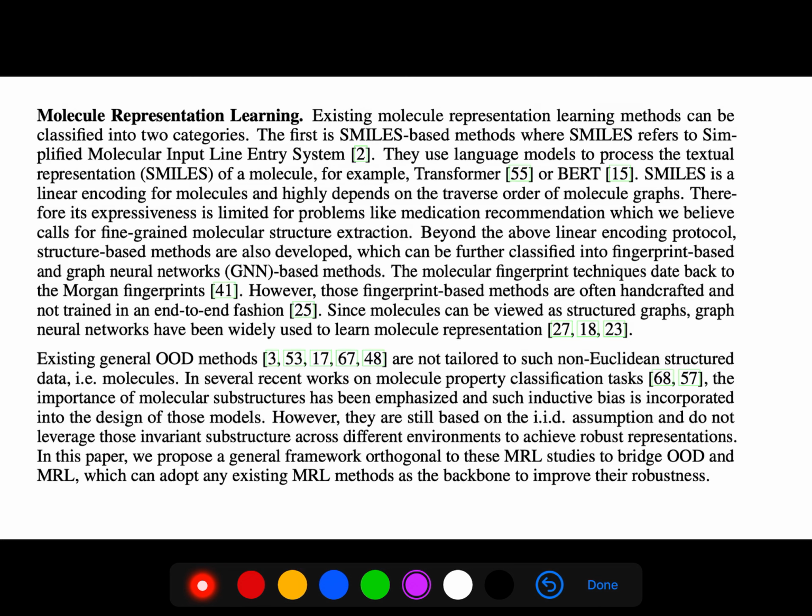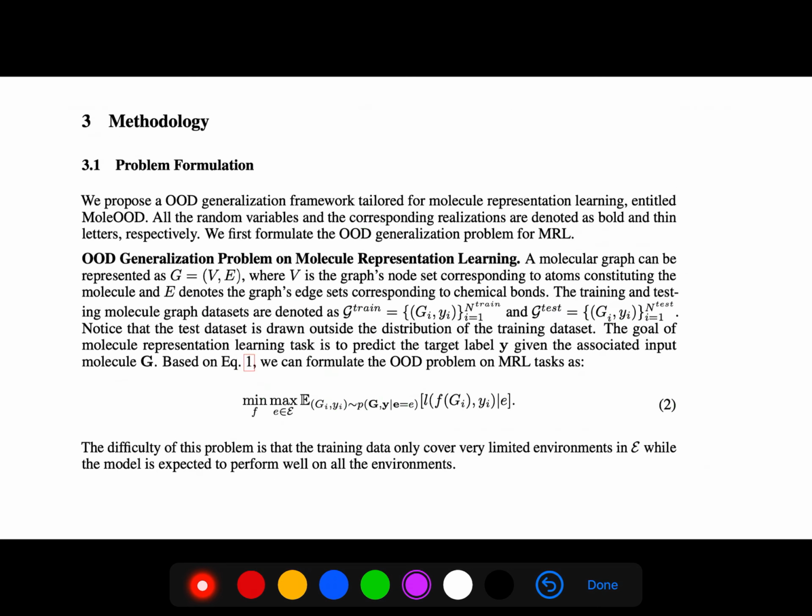Existing general out-of-distribution generalization methods are not tailored to such non-Euclidean structured data such as molecules. So in several recent works, the importance of molecular substructures has been emphasized, and such inductive biasing is incorporated into the design of those models.